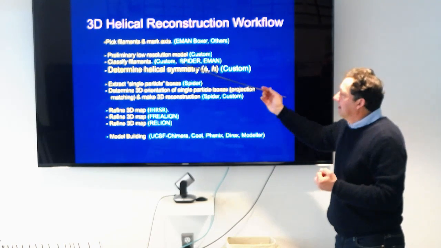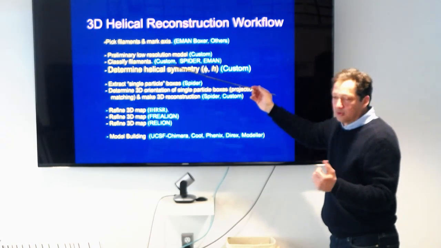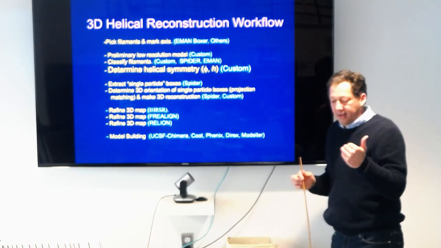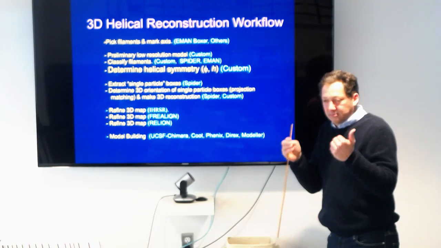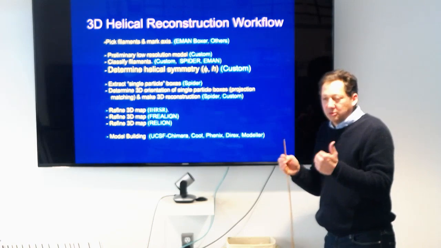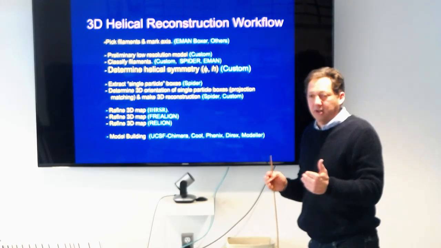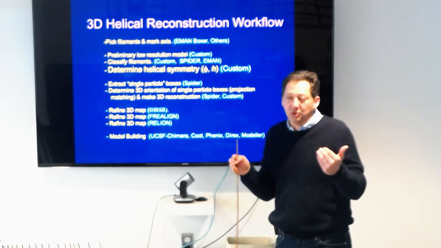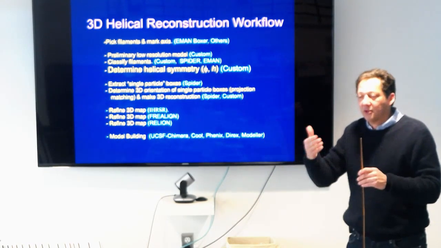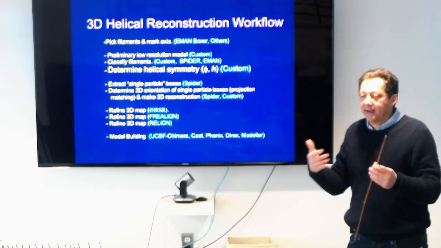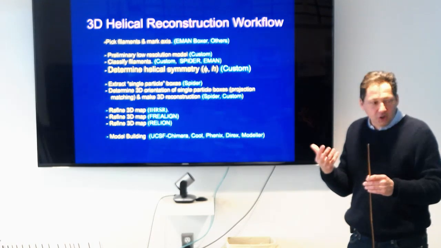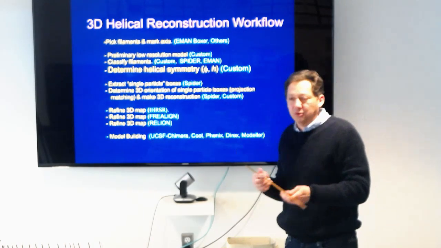In practice, if you start with a low resolution model, and now that we go to atomic resolution, there is the truth test: if you don't see secondary structure, you know that you screwed up somewhere. Probably you have the wrong helical symmetry or something. But if you started with a model at 20, 30 angstrom, and you start to recover secondary structure, you know that you are on the right path.